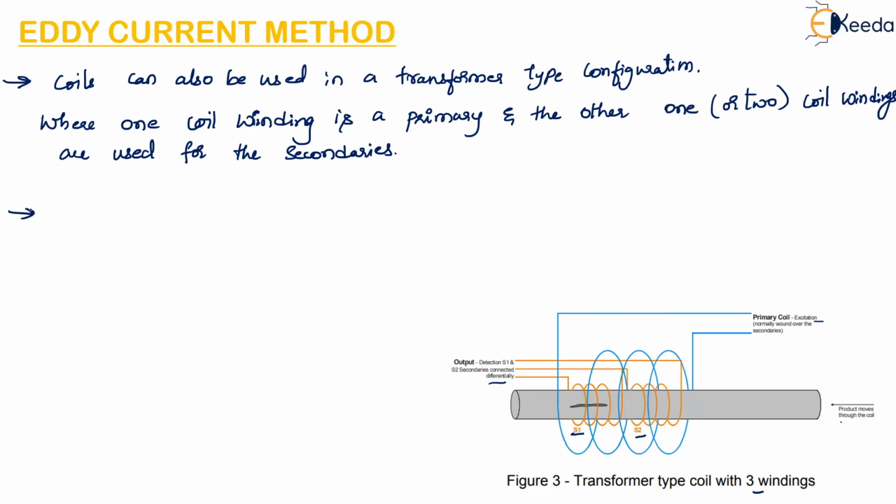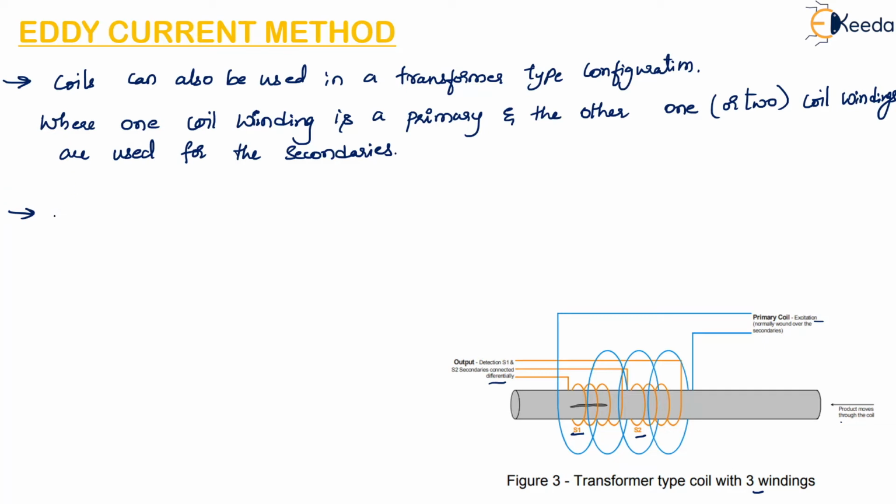Now the detected eddy current signals, which contain the amplitude and phase information, can be displayed on CRT type displays, or it can also be displayed on non-digital displays.